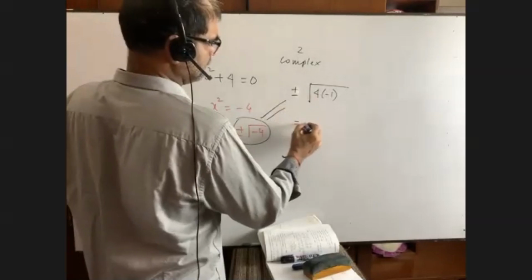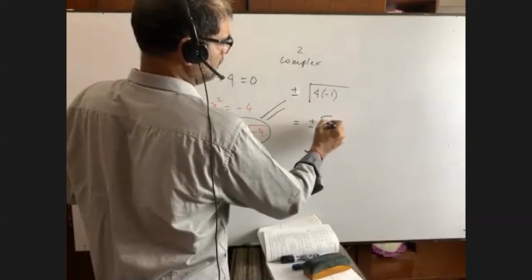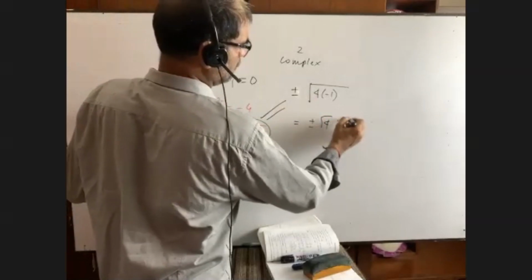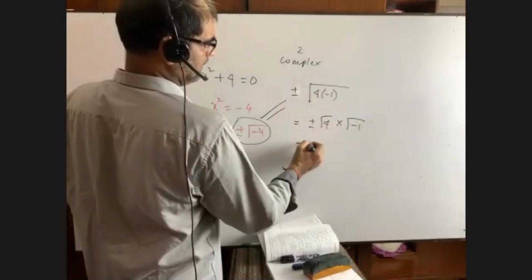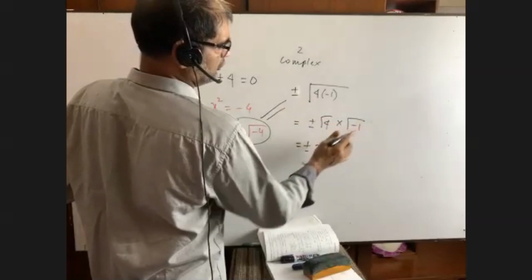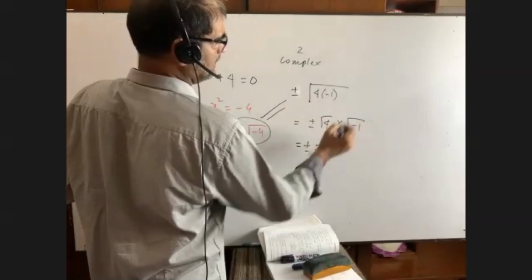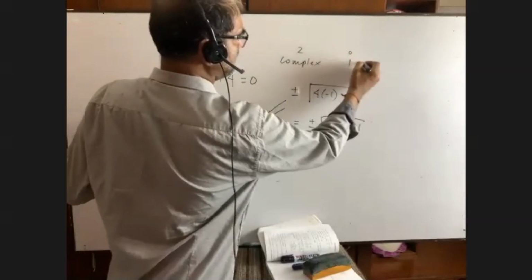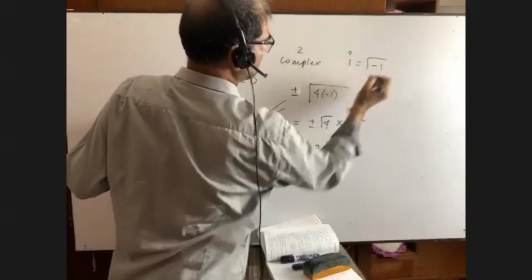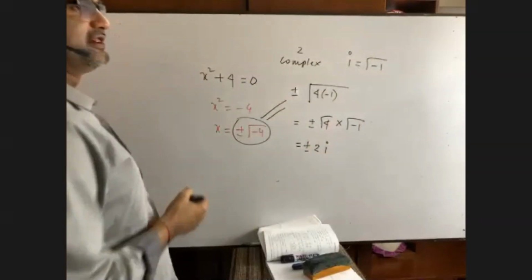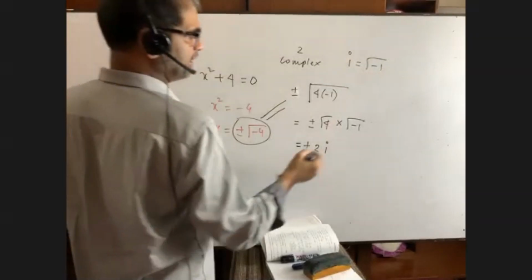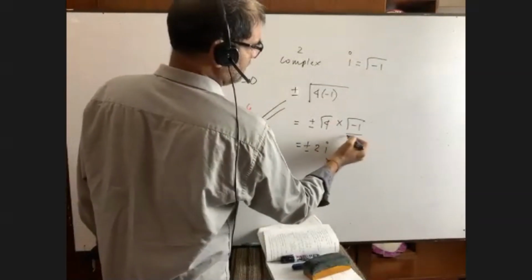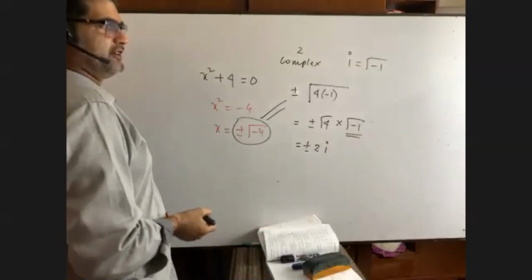Now it is equal to plus minus root over 4 into root over minus 1. We know this value is 2 and root over minus 1 is i. The value of i is equal to root over minus 1, where i is called an imaginary number. It does not exist in real number theory, in the real number set.